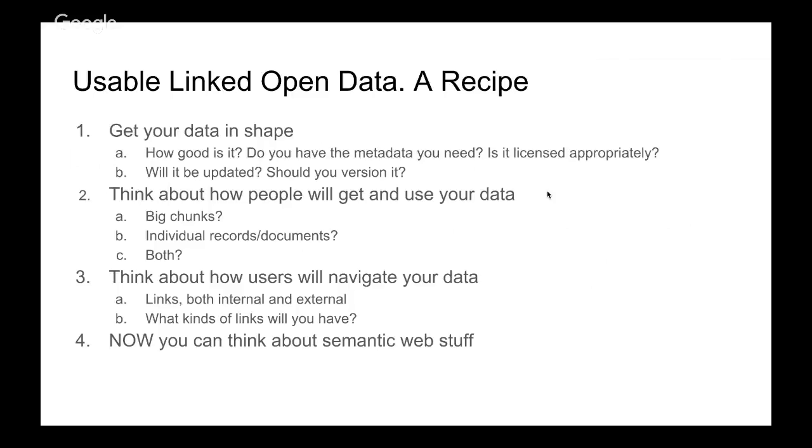You can imagine, for example, navigation links versus give me more information versus give me some context. So it might be nice to be able to know what kind of a link this is that I'm activating.